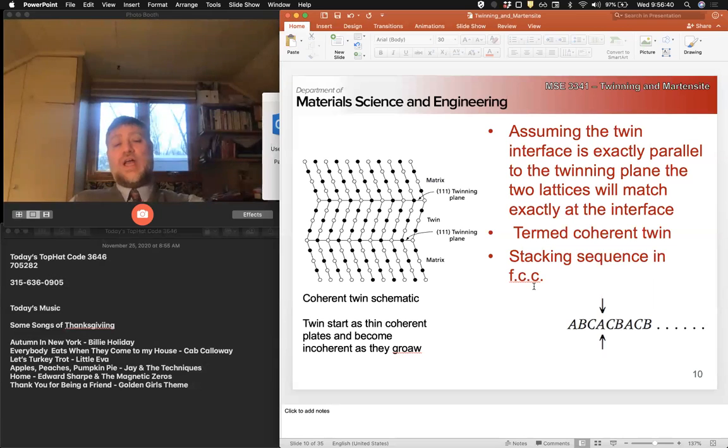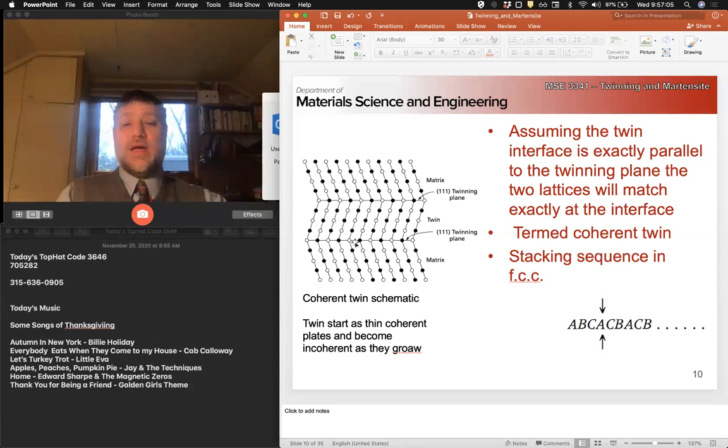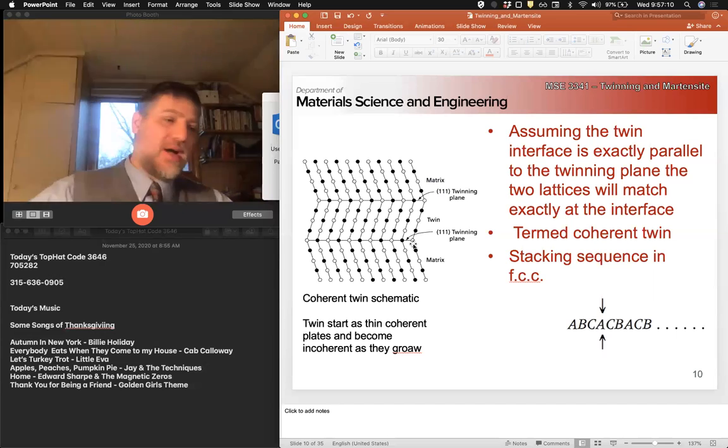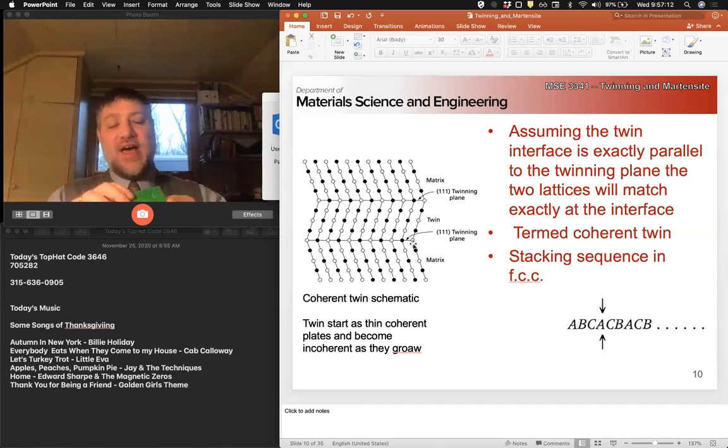For twinning, when we have a twin, we have A, B, C, A, and now this twin plane acts as a mirror plane. So if this is C, this is A, this is back to C again, right? So a twin interface is a stacking fault. It also has a very particular relationship on the close packed planes in FCC.